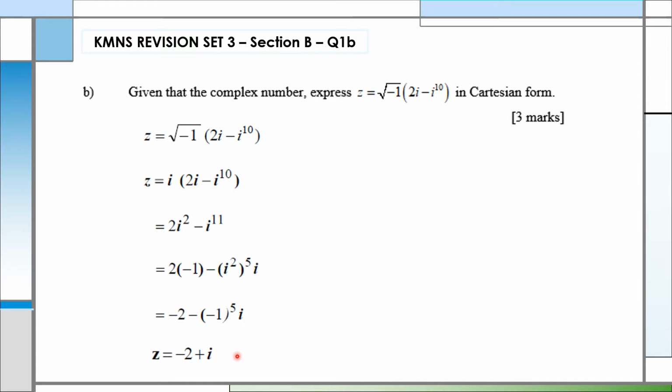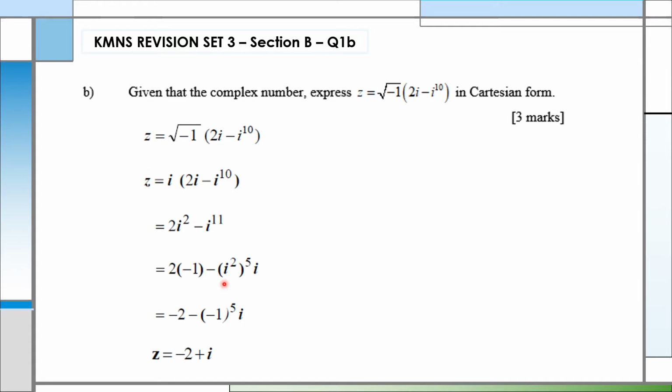So when it asks for Cartesian form, don't give your answer in polar form, because this is only 3 marks. If you do the calculation for polar form to get the argument, modulus, and the polar form, then you just waste your time, because it does not ask you to find polar form, it asks for Cartesian form.